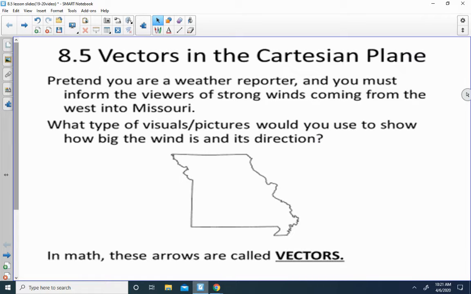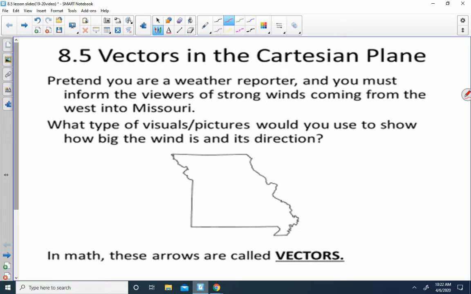Let's begin. So let's pretend that we are a weather reporter and you must inform the viewers of strong winds coming from the west into Missouri. Now, what type of visual pictures would you use to show how big the wind is and its direction?